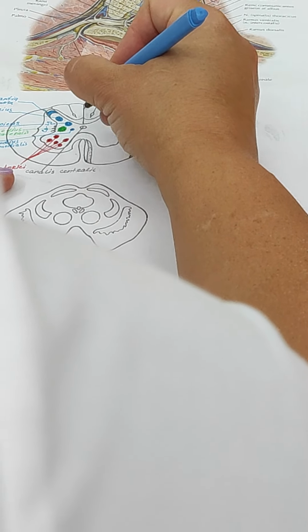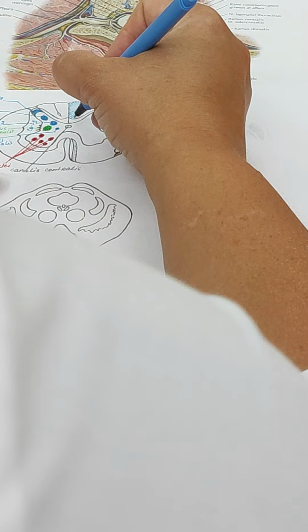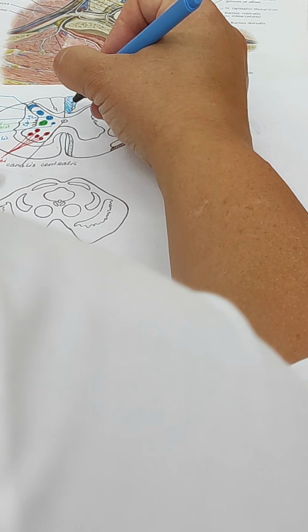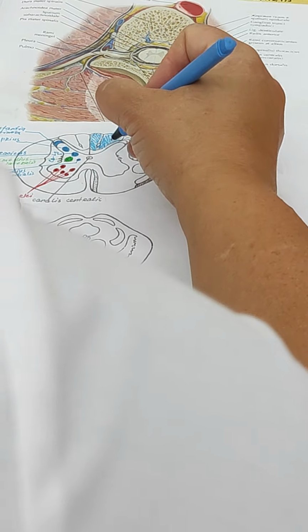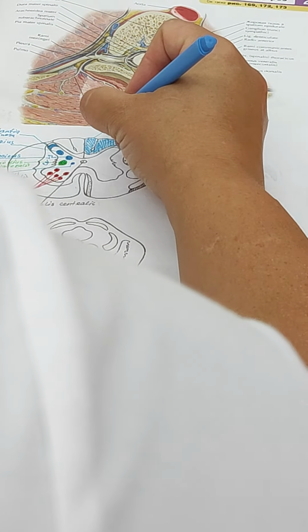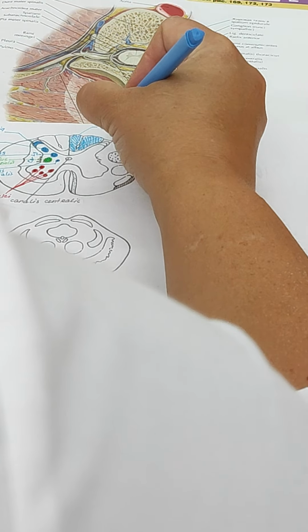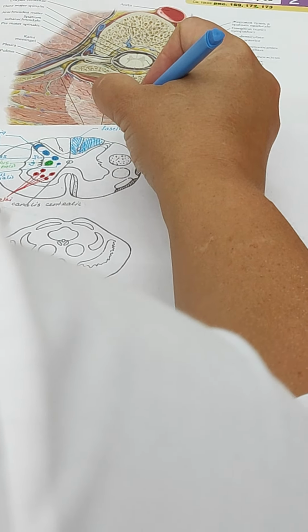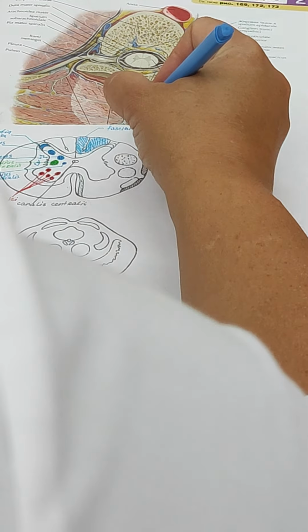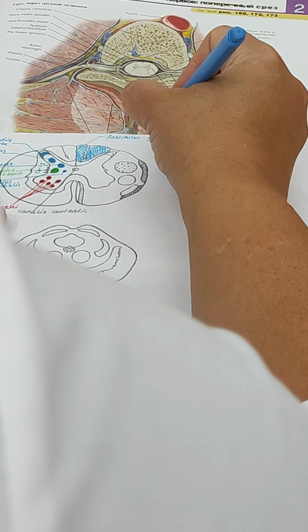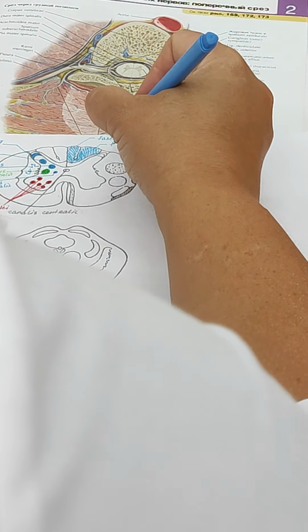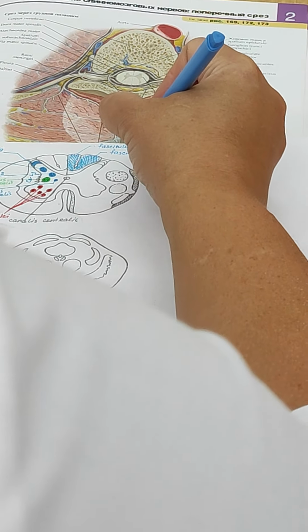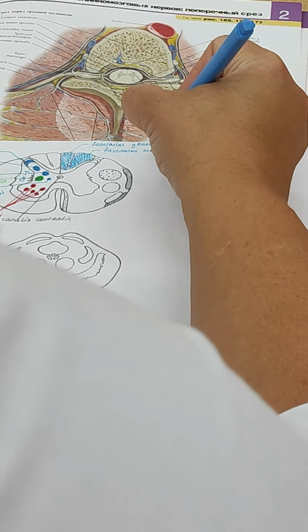First is the posterior funiculus, the medial part, which is called fasciculus gracilis, and the lateral one, which is called fasciculus cuneatus.